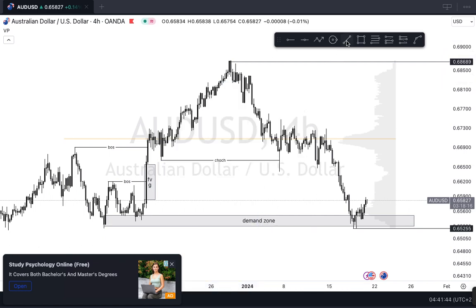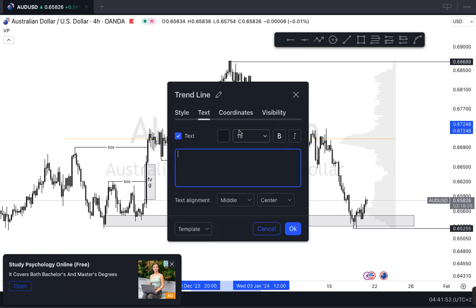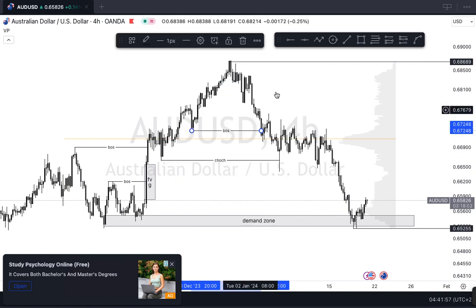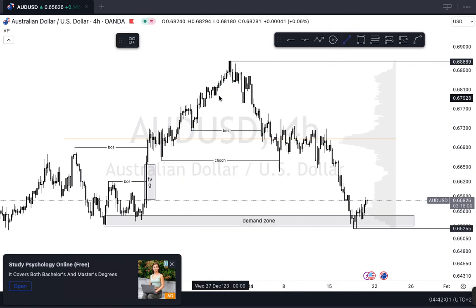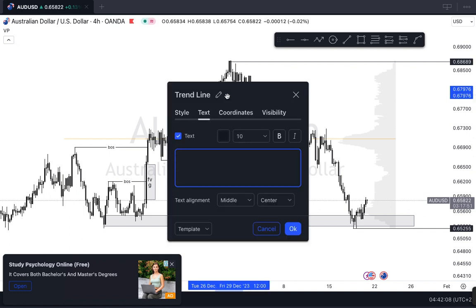Then from here we got also our internal break of structure, BOS. And from here, that's where we got our first change of character, meaning our first confirmation that the market might start pushing to the downside, right?